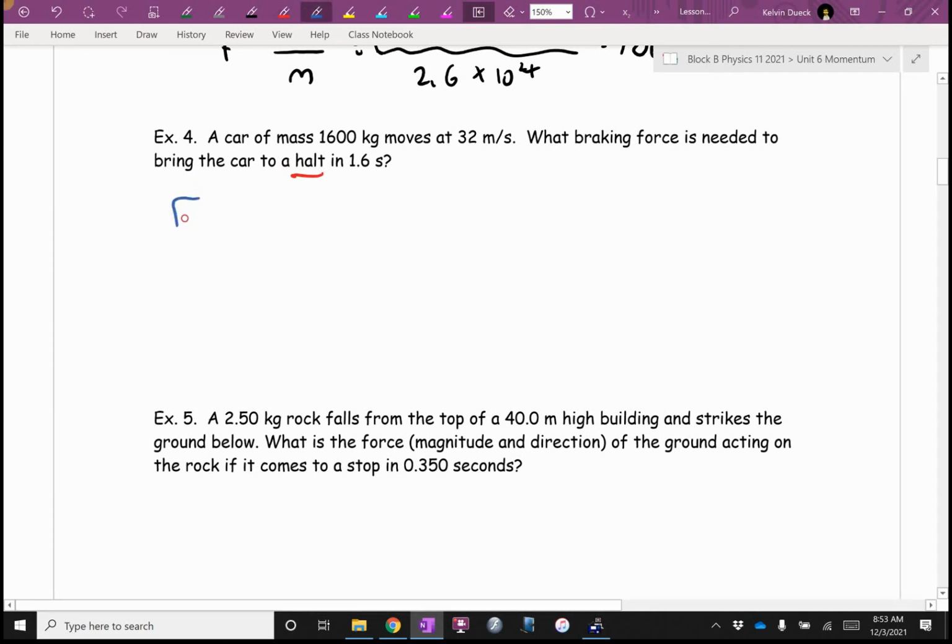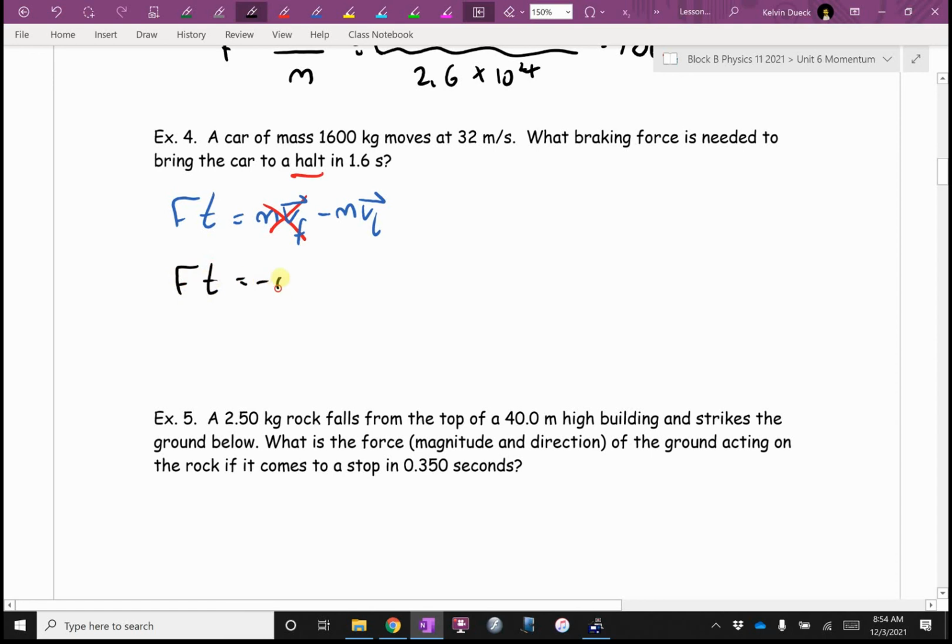I can say force times time equals mv final minus mv initial. Oh, which one of these is 0? And so I think that whole thing vanishes. In fact, what I really get is this.